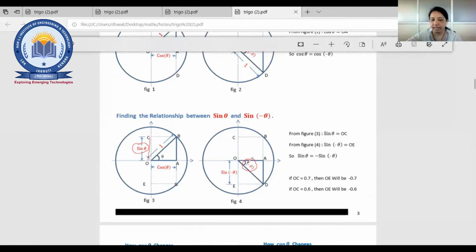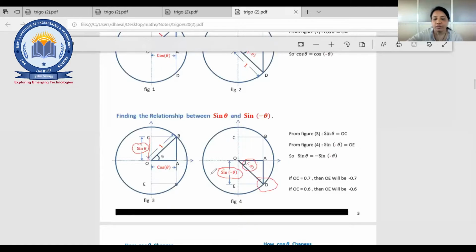This is the triangle. Now if we draw from D to the y-axis, you will get OE. So it will be on the y-axis but on the minus side. So this is sine minus theta, and obviously this value is negative.